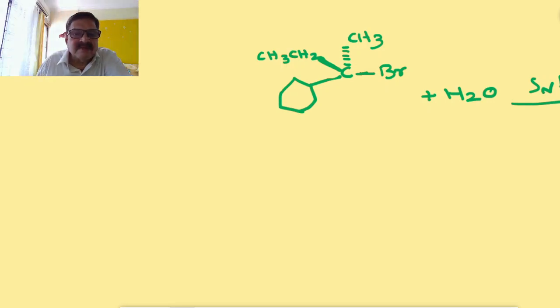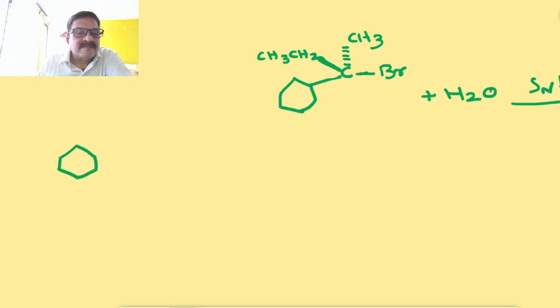So let us draw the carbocation, how it will look like. I'll put it here. So this is C. Br is gone now, so this Br goes here. So this is step 1 of the reaction.